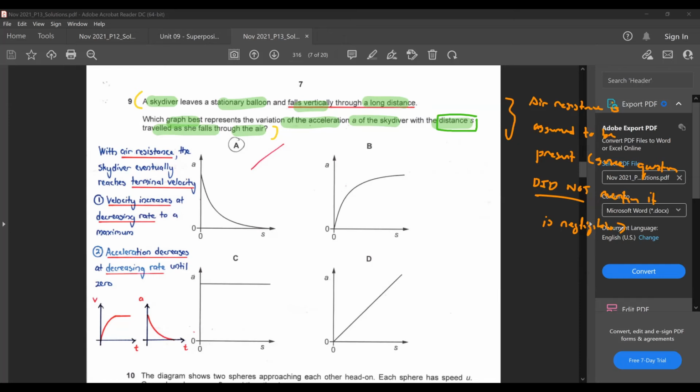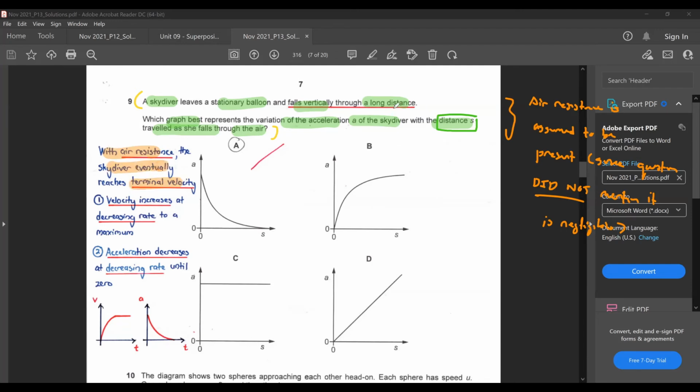Same like when you do your electricity questions, if they never mention internal resistance is negligible for your battery, you have to assume that internal resistance is present. I think I mentioned this before when I did some of the questions for you. So now we know that there's air resistance. If the skydiver falls, he will eventually reach terminal velocity.